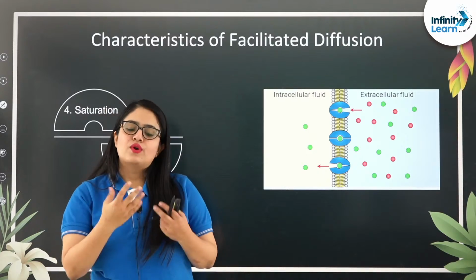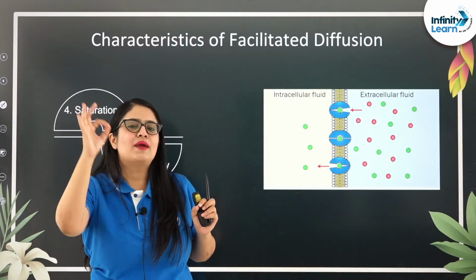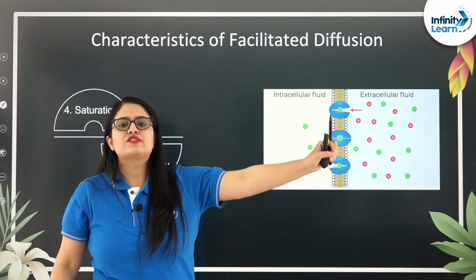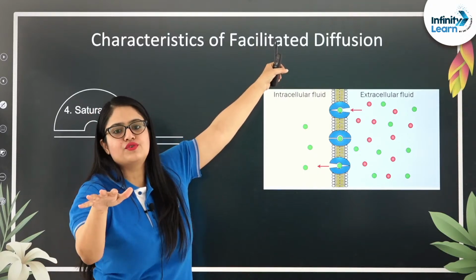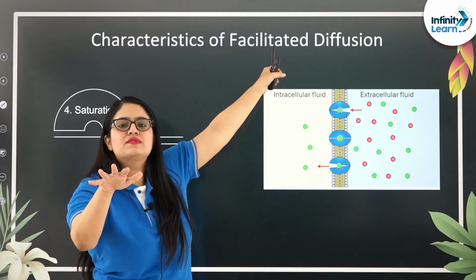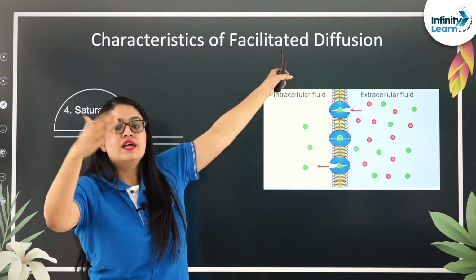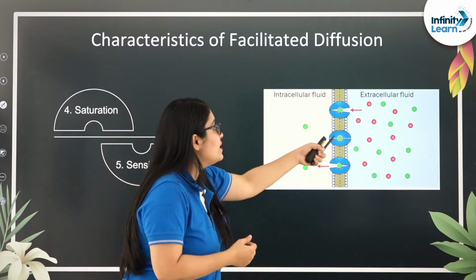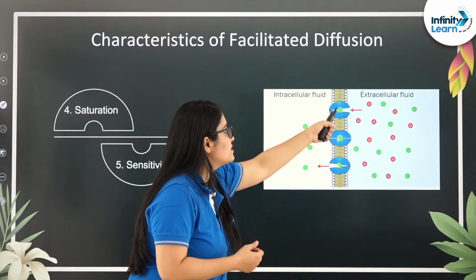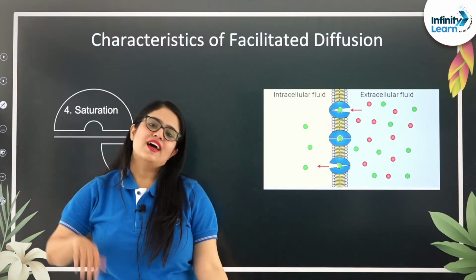So at the moment when all the membrane proteins are already loaded with the substances, at that time you can say a particular transport, facilitated diffusion, has become saturated. The membrane proteins have become saturated. Until and unless they transport this one, they cannot take another one, right?